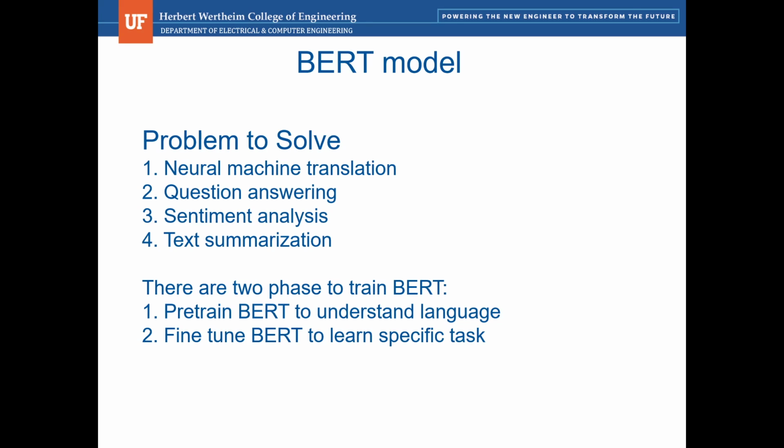So we can train BERT to understand language and then fine tune BERT depending on the problem we want to solve. Training of BERT is done in two phases. The first phase is pre-training, where the model understands what is language and context. And the second phase is fine-tuning, fine-tuning BERT to learn specific tasks.